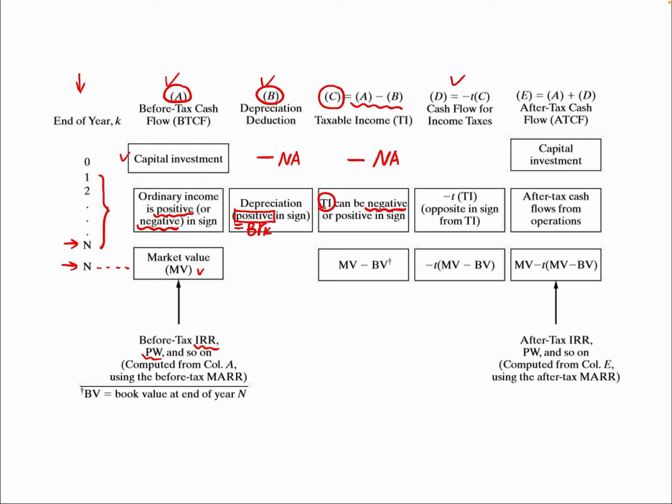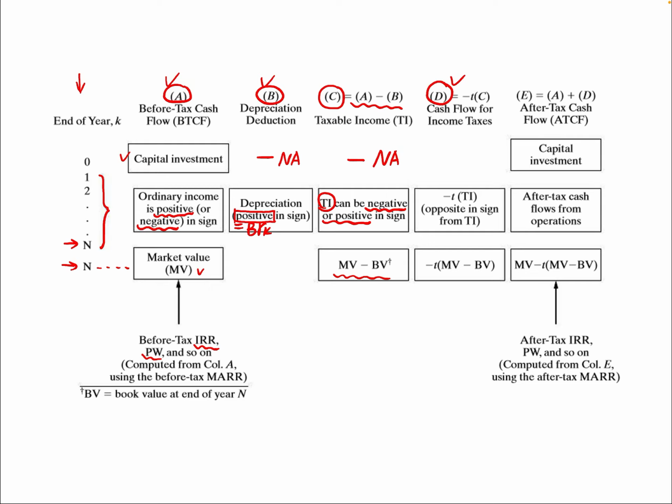And this number can be negative or positive in sign. Then don't forget about the very last row, which is about the market value. This is going to be the market value minus the book value.